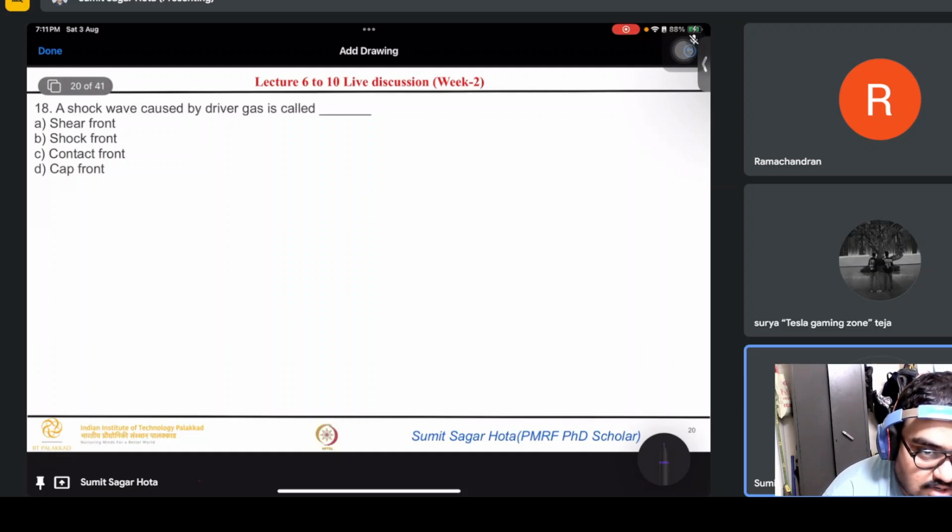Then the next one: a shock wave caused by driver gas is called what? Basically this is called the contact front.